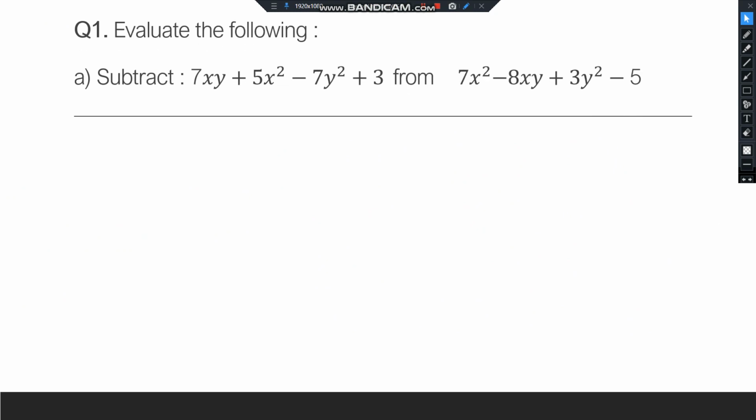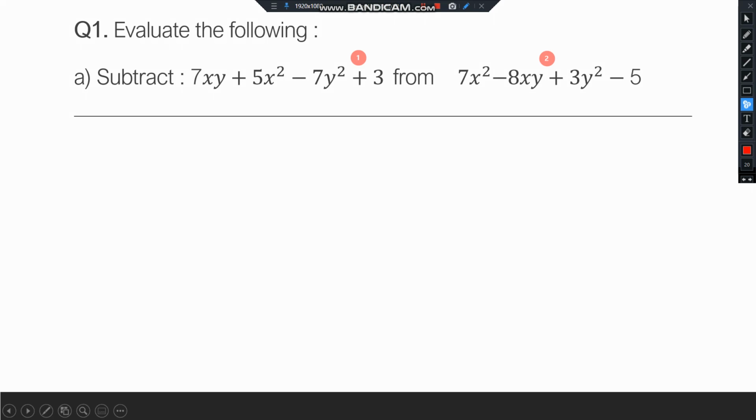Look at question number 1. Evaluate the following. A part, subtract first from the second. So here this is the first and this is the second expression. So it says subtract first from second.